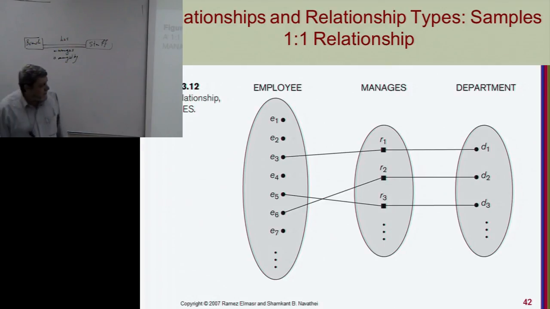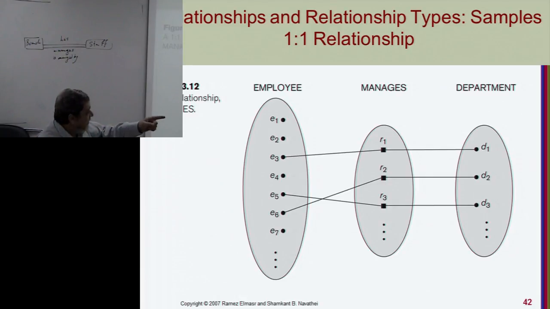So in this example, we'll see that D1 is managed by E3. D2 is managed by E6 and so on. So again, I'm now mapping the same department with one single line to identify the manager.